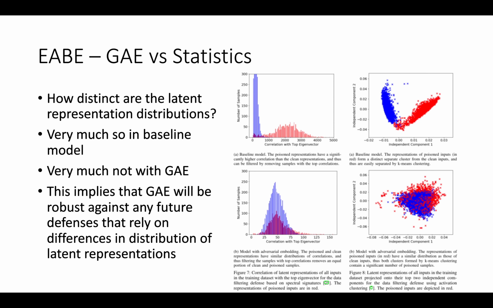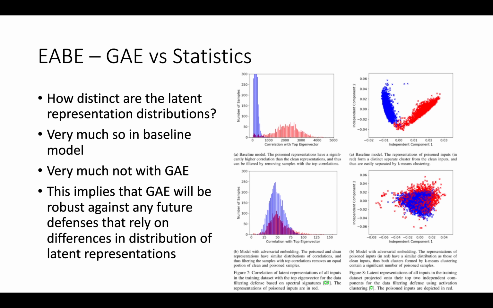Okay, so now let's talk about GAE versus statistics in general. So remember the question we asked earlier: all of these rely on statistical distinguishments between the distributions of the latent representations. So here are some plots of the distributions with 2 of the independent components over on the right-hand side, and just with correlations with the top eigenvector on the left-hand side.